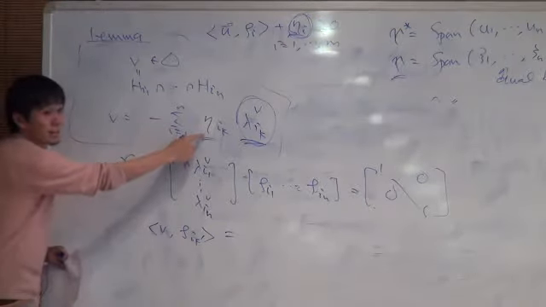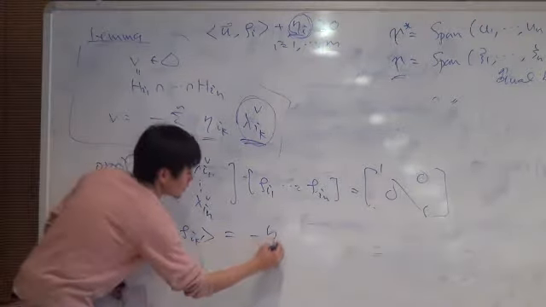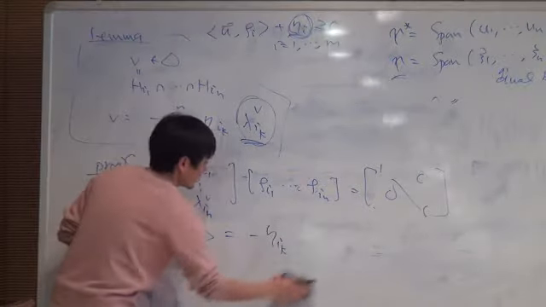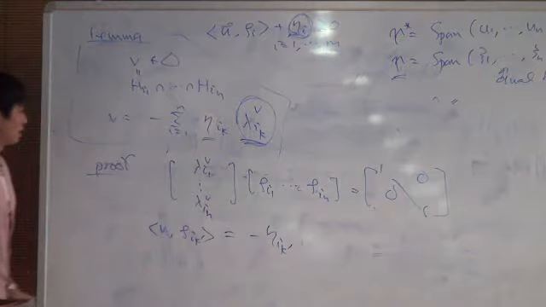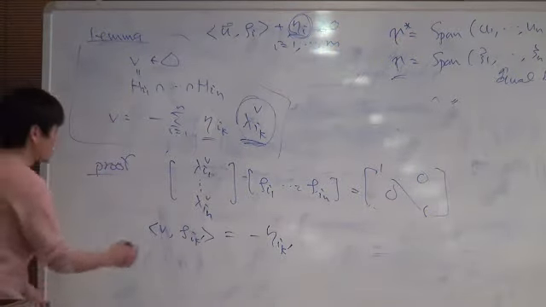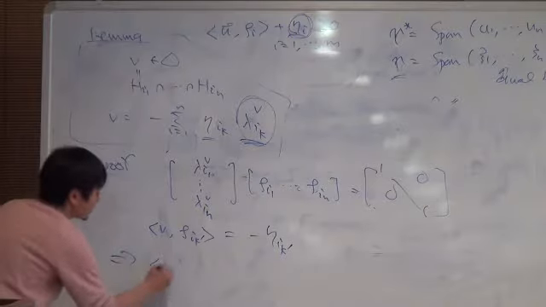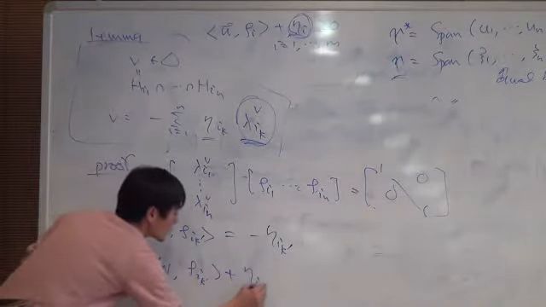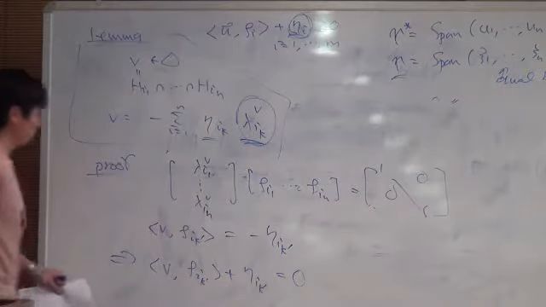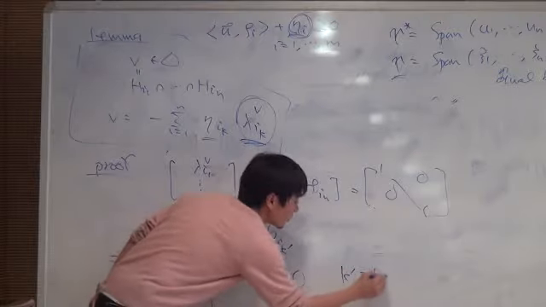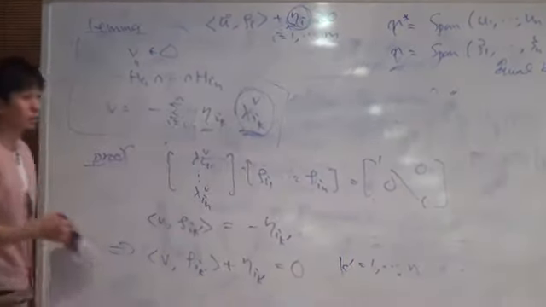So you multiply by eta and then take the minus. It actually pulls out this minus eta ik. So this means V satisfies this, for any k prime from 1 through n.